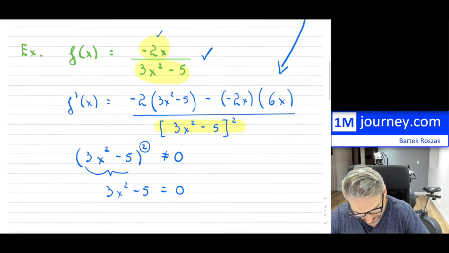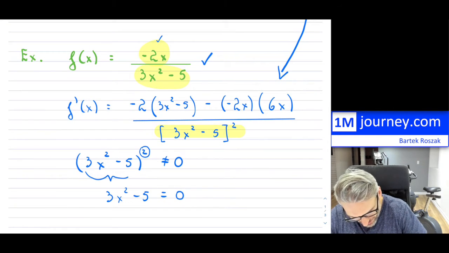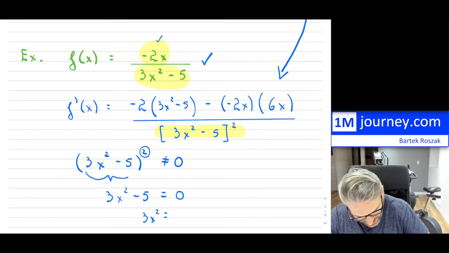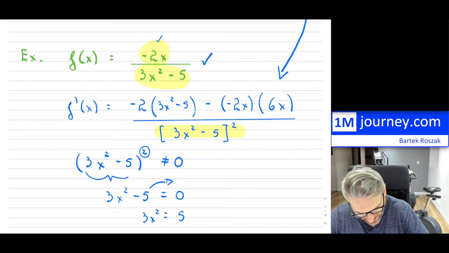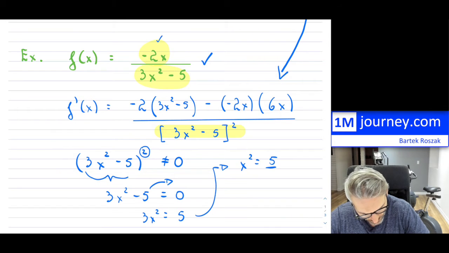Now solving this whole thing, I would get 3x squared is equal to, I can bring this over to the other side, so that's going to be 5. I'll divide by 3, so x squared is equal to 5 over 3.